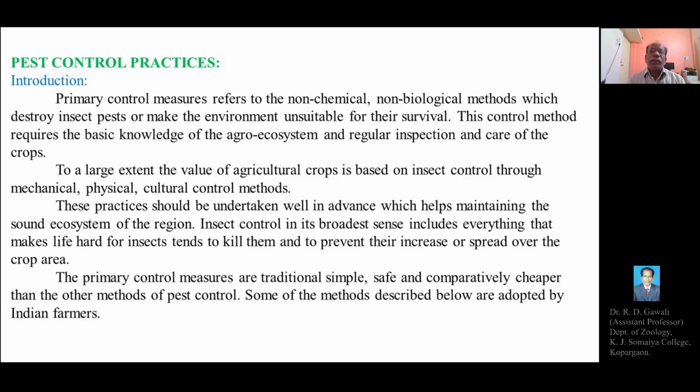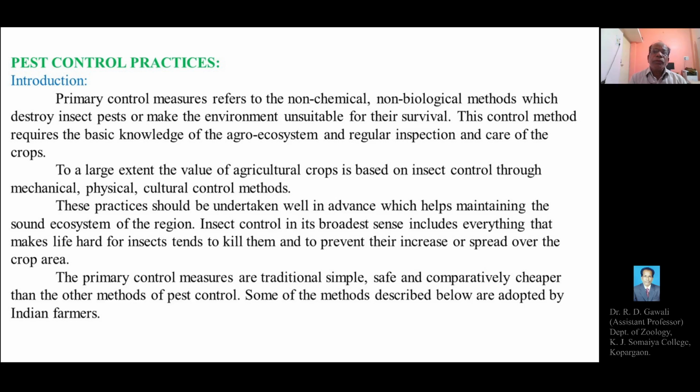So first we'll explain a little bit regarding the primary control measures, which refer to the non-chemical, non-biological methods adopted by the farmers themselves. These methods destroy the insect pest or make the environment unsuitable for their survival.